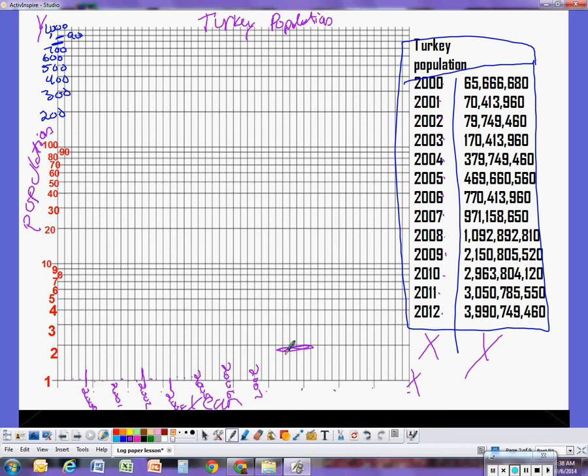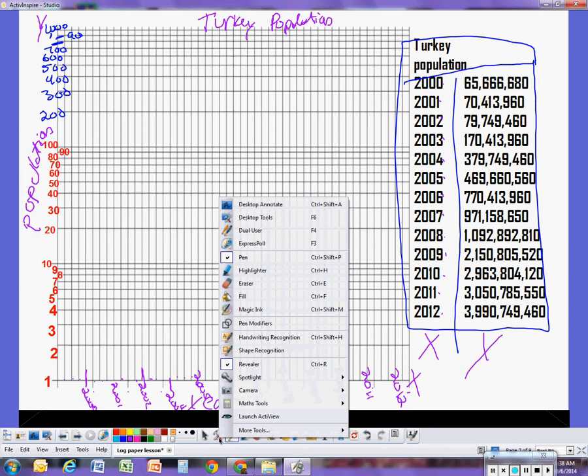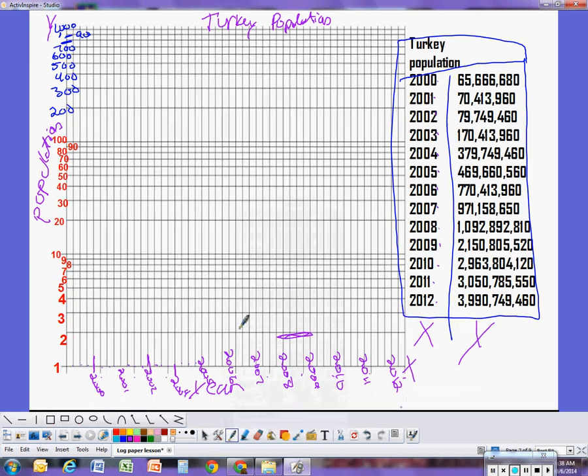So if it helps you for space and writing everything out, then you can write on the line. 2008, 2009, 2010, 2011, 2012. What some people like to do, because they want to know where their points are, is actually draw them out. But you don't have to.